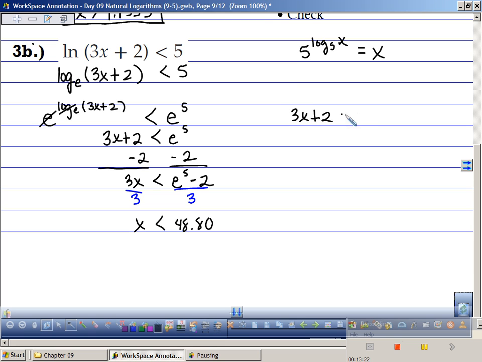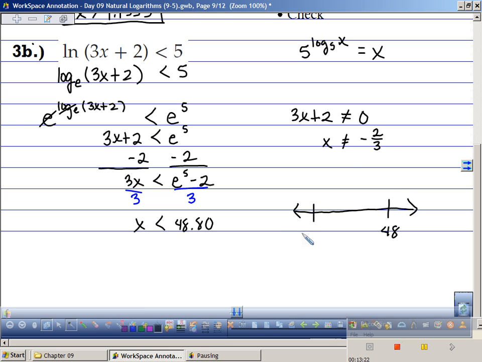3x plus 2 cannot be equal to 0. Therefore, x cannot be equal to what? Negative 2/3. Okay. So I'm going to draw myself a number line. X is less than 48.80. 48.80 is here.